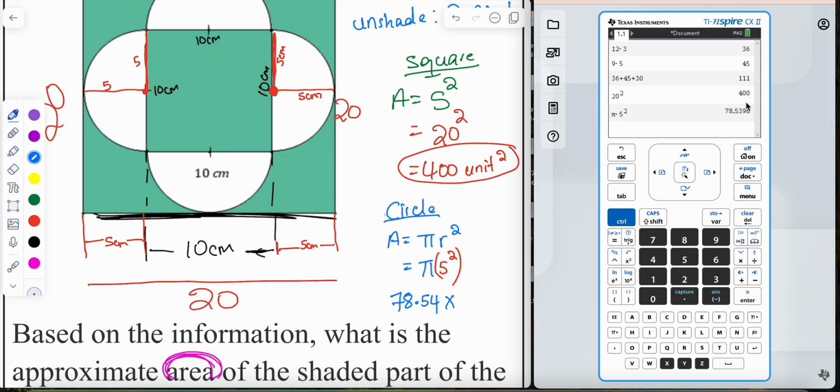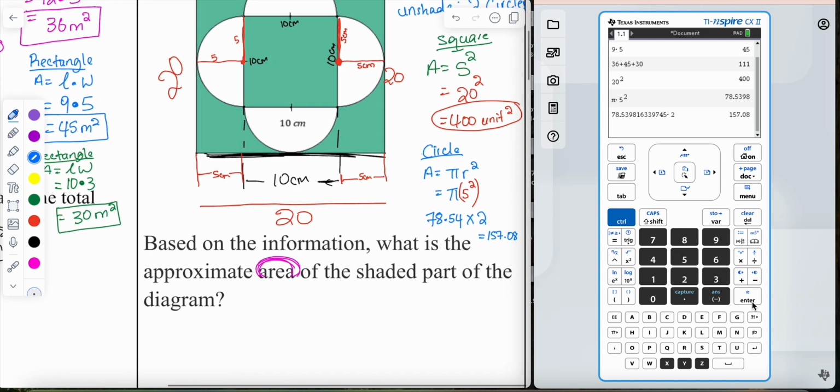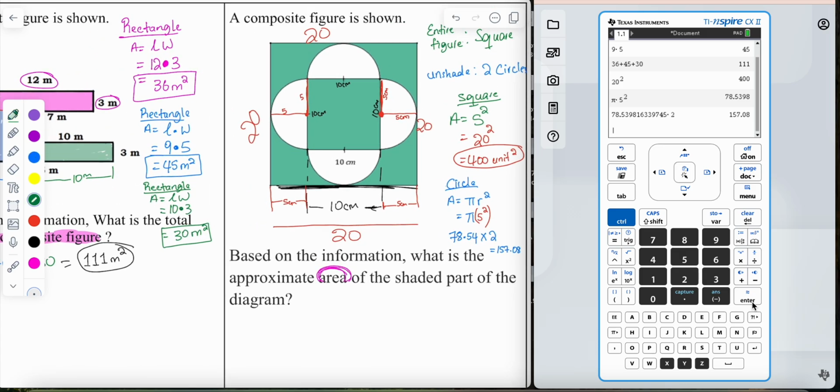So I'm going to put times 2. Why? Because we have 2 circles. Enter. So the area of our 2 circles is going to be 157.08. Now to find the area of the shaded part, we're going to have the whole area, which is the square, minus the circles.